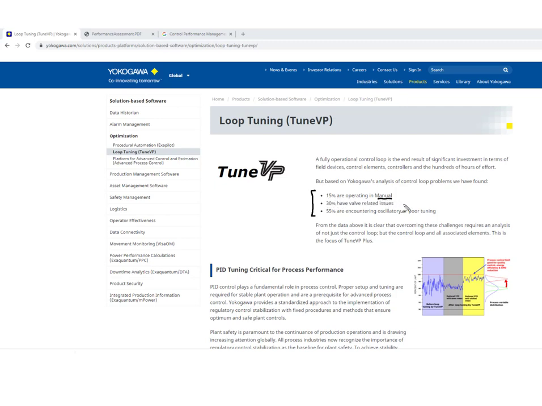So this is really indicative that there is a problem with this control loop. They have seen that 30% of these control loops have valve related issues. We'll come back to this, and this is probably related to stiction. And that 55%, which is really a huge amount, of loops have encountered oscillatory or poor tuning.